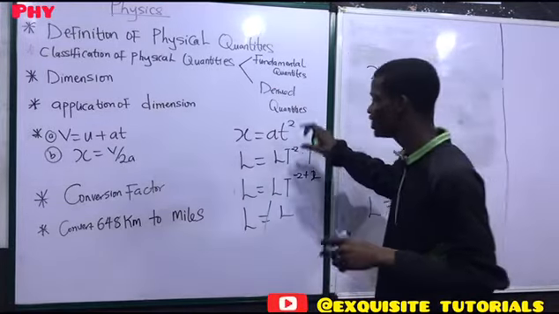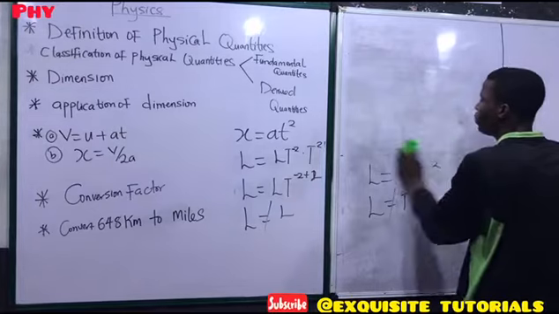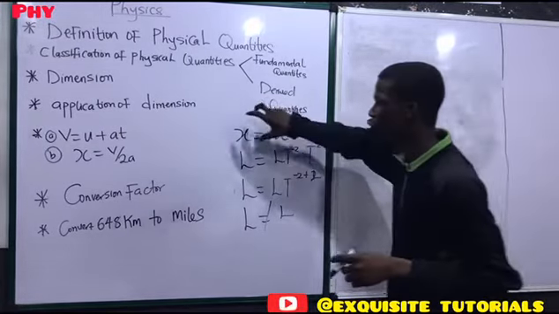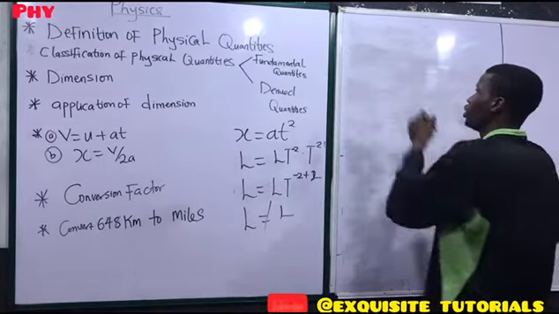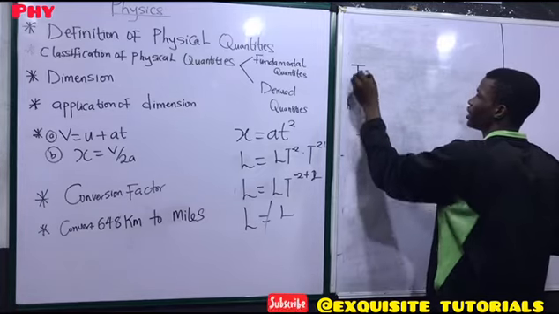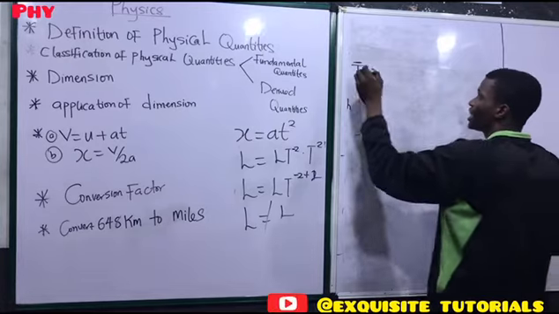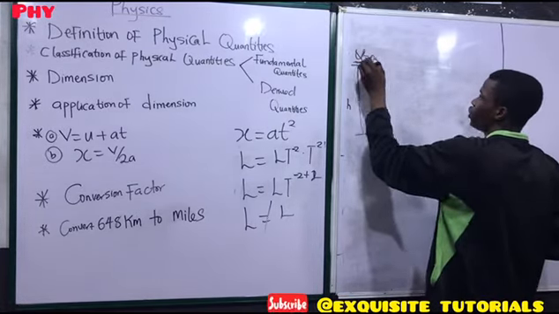Take note, the formula is dimensionally correct, but it is not physically correct. If we try to trace it back to our normal physics, this case only occurs in a projectile released at a height. If it is released from the top at a height, we already know that our initial velocity is equal to 0.